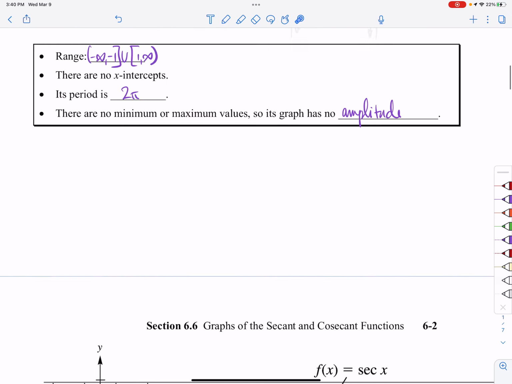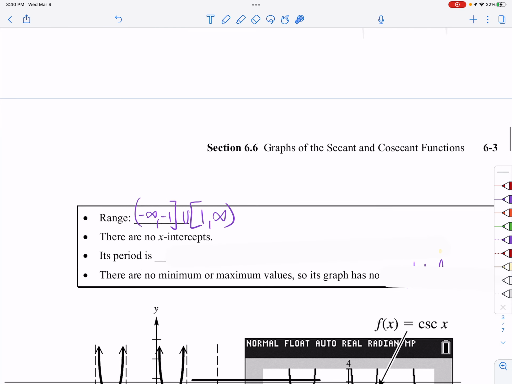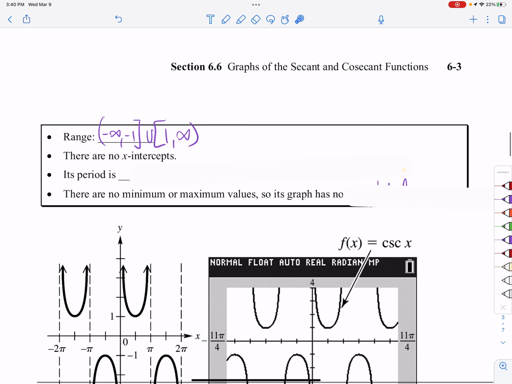I apologize for that. So it's going to be the same for the cosecant graph. I skip over that spot for the old sine and the old cosine, depending on if it's a secant or cosecant. No x-intercepts. Once again, the period is 2 pi, and there's not going to be a true amplitude because I don't have an absolute max or min.